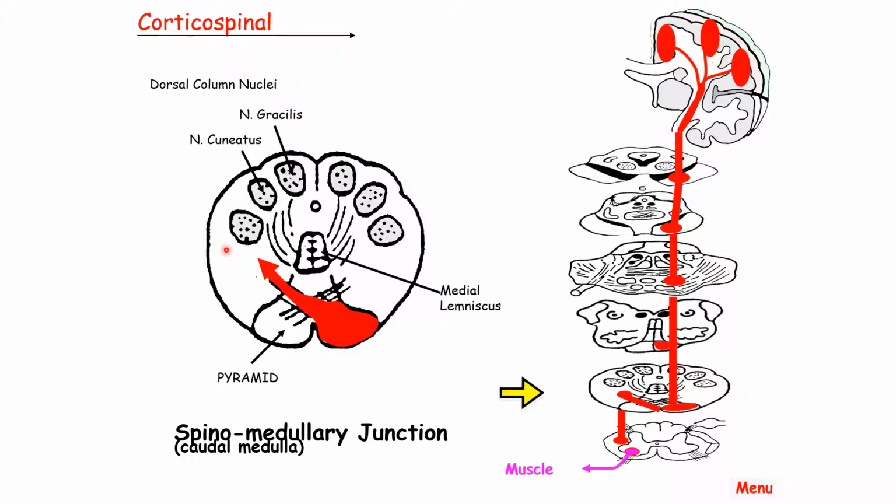And we'll see that becomes the lateral funiculus. And at this level, we can see the synaptic relays that are coming up from the dorsal columns, and that is nucleus cuneatus and nucleus gracilis, the dorsal column nuclei, as they're spoken.